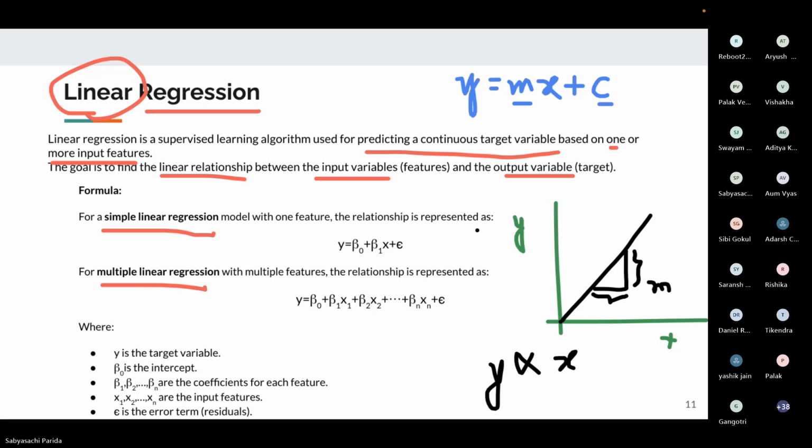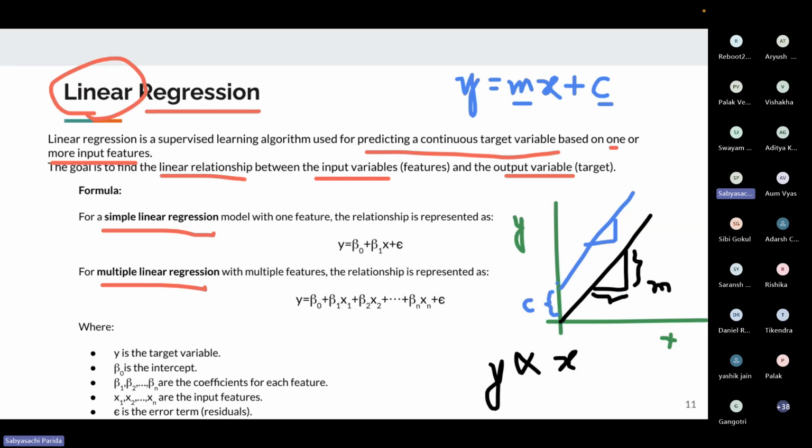It can also happen that there is some intercept within the line. Suppose it has a particular bias within the data, and this is c, and my line goes like this. The slope is still m, it follows the same angle, the tan theta is the same. But there is a significant bump within the data.